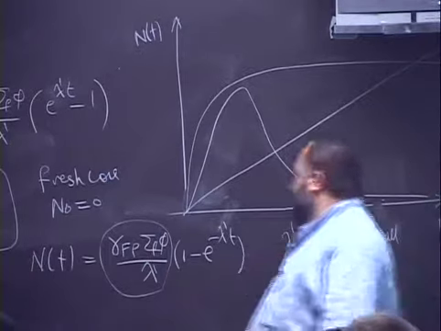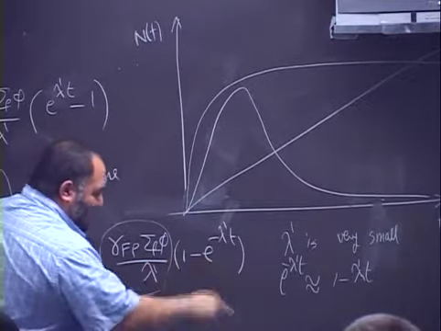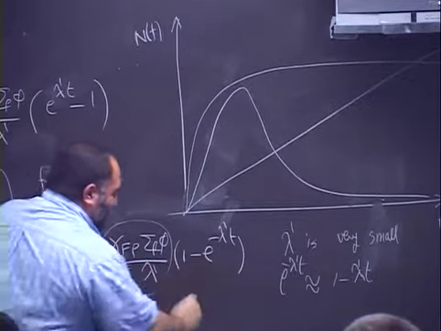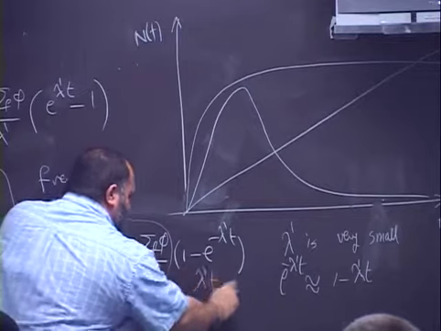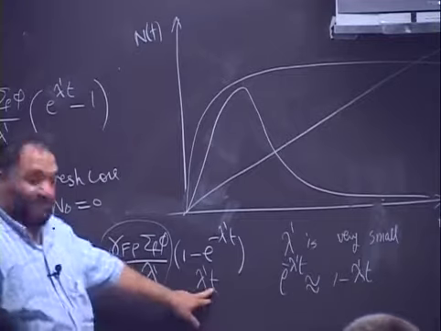So the 1 cancels with the 1, and you will have lambda prime t. And N of t equals a constant multiplied by t.